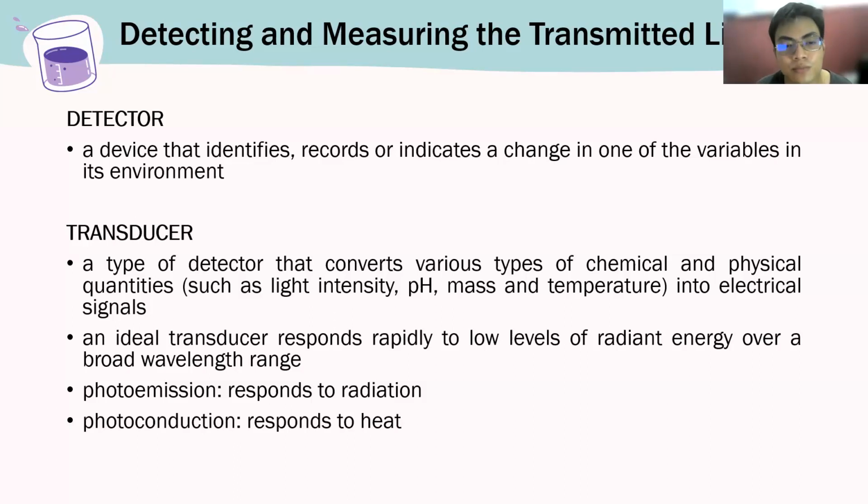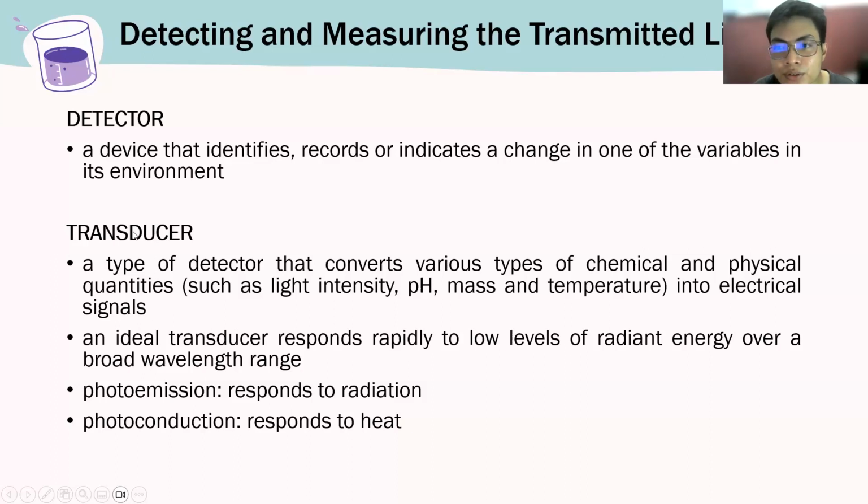Pwede siya mag-absorb, pwede fluorescence, or pwede siya mag-emit. So now you should have a detector para malaman mo how much does your atom interact with light. Okay. So a detector commonly used in spectroscopy is called a transducer.